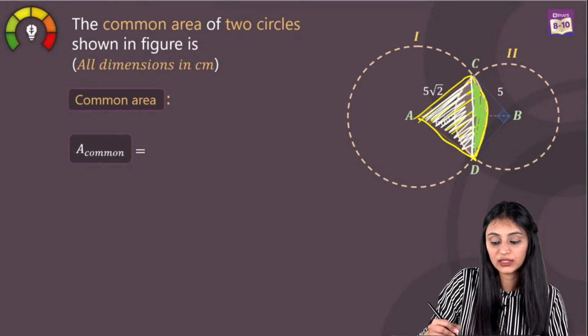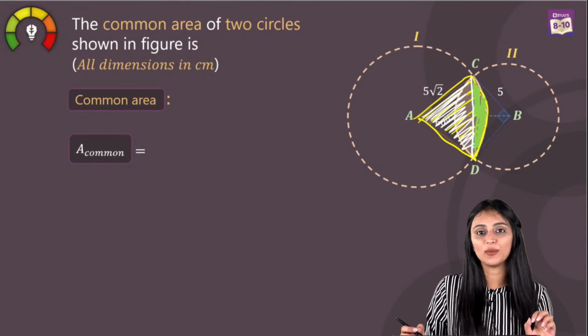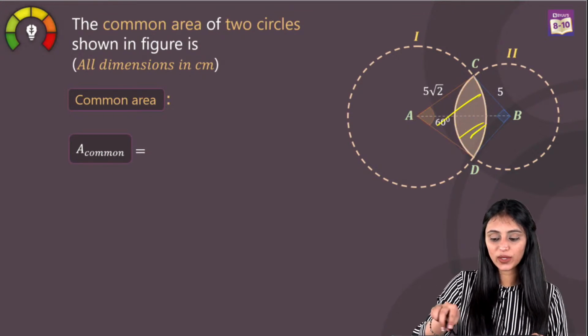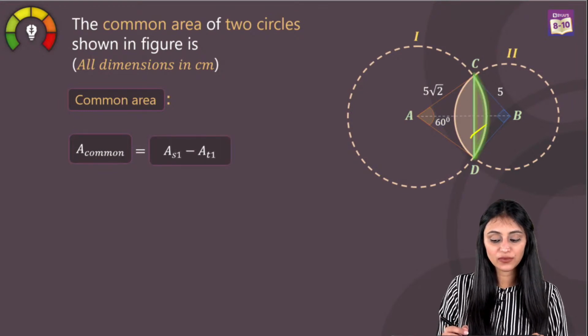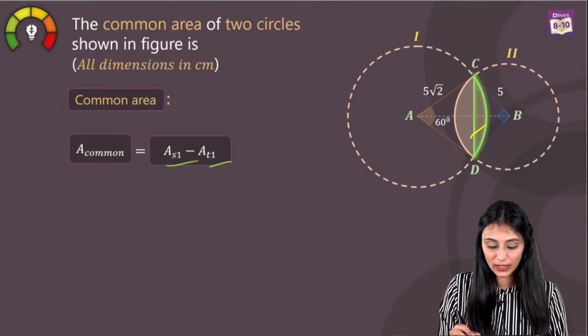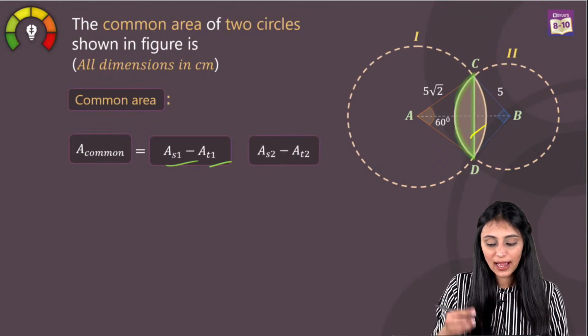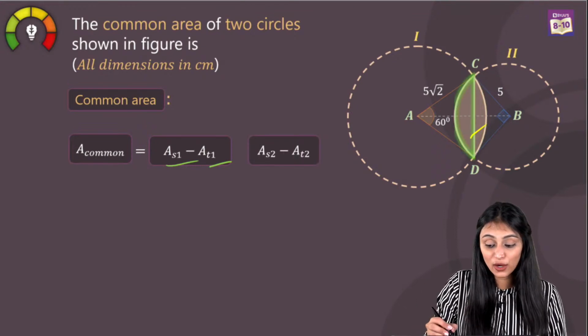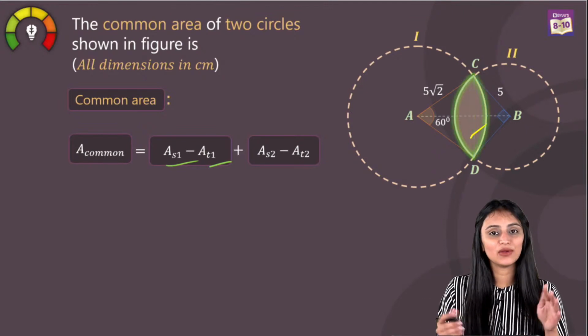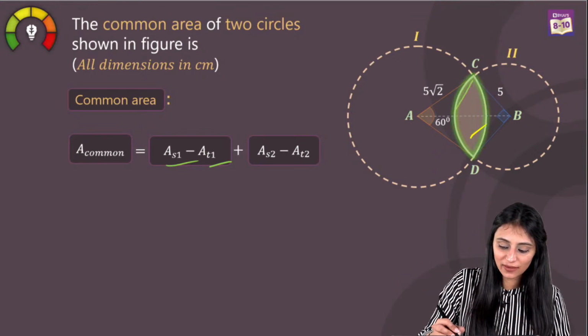That's the common area. So first we will subtract the area of triangle 1 from the area of sector 1, and similarly I'll subtract the area of the second triangle from the area of the second sector, and simply we are going to add them up. Once we add them up, we have this area.